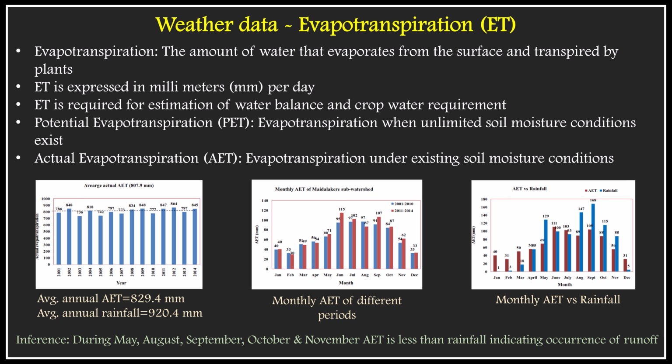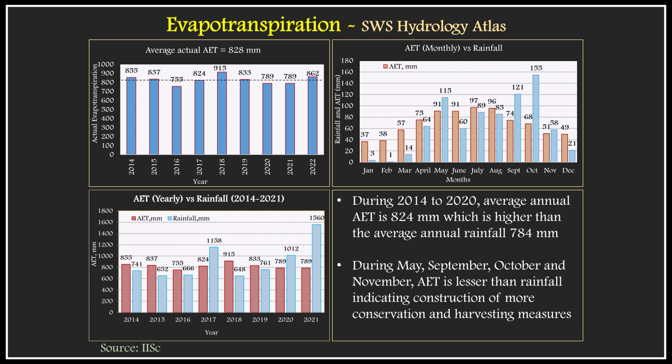If you examine the graphs, in the third graph, which represents monthly AET versus RF, we can see during May, August, September, October, November months, the actual evapotranspiration is less than the precipitation, leading to the inference that runoff can occur. The same thing is depicted in the hydrology atlas.